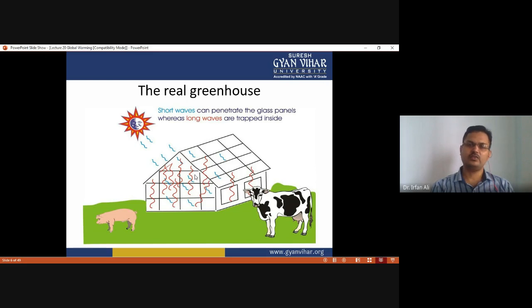This is because short waves can penetrate the glass panel, whereas long waves are trapped inside. In the same way, when the greenhouse gases on our globe increase, these gases absorb radiation and contribute to the increase in the temperature of the globe.